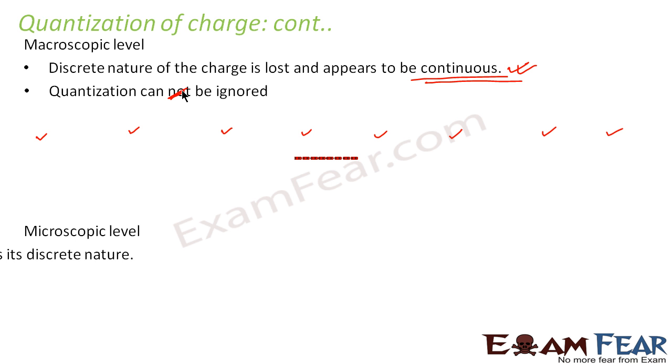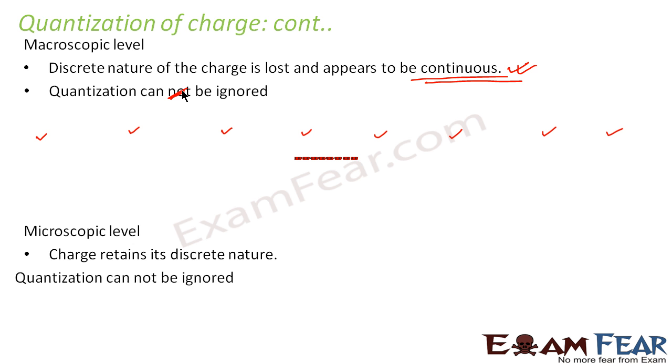Whereas when we talk about the microscopic level, charge retains its discrete nature, because at the microscopic level we deal with charges which are very, very small. When we are dealing with very small values of charges, even 10 to the power minus 19 makes much difference, right? So in this case, quantization cannot be ignored. I hope I am able to explain what quantization is and how to look at it from the macroscopic level as well as the microscopic level.